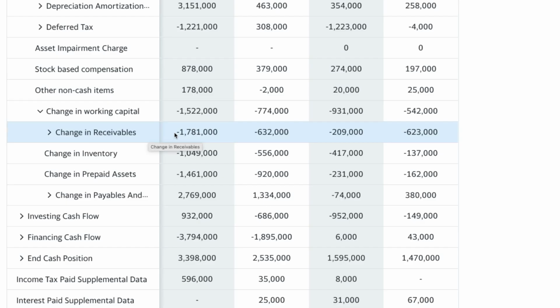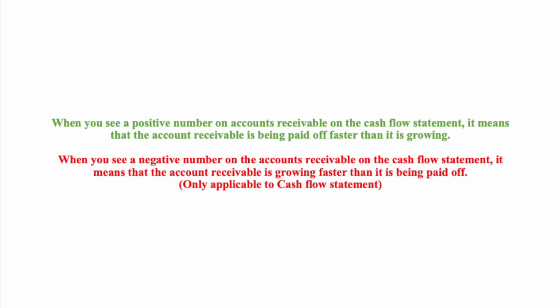On the other side, if this number is positive, it means the accounts receivable was being paid off faster than it was growing. The difference is reported as positive cash, because receivables being paid off is cash coming into the business.